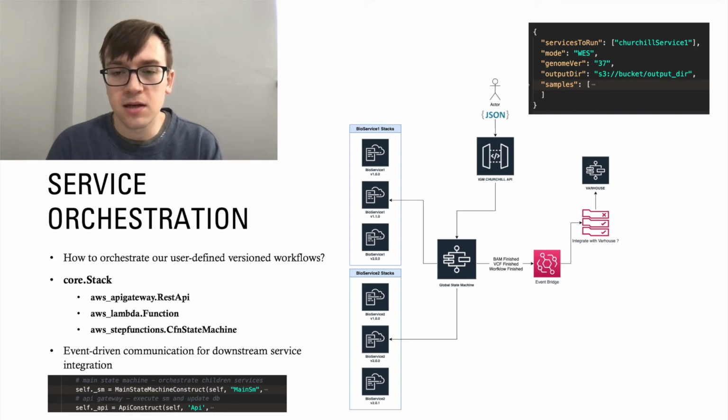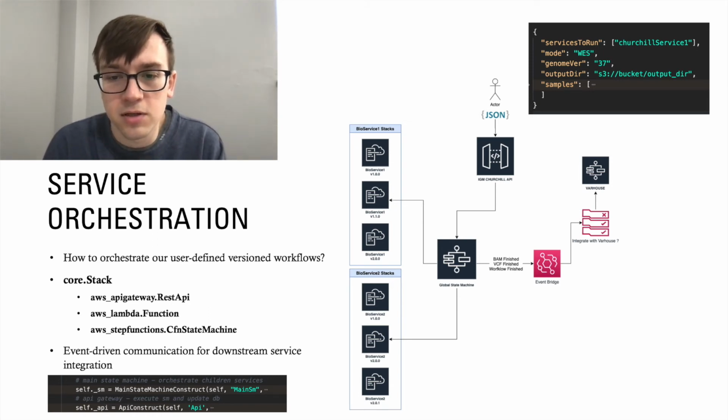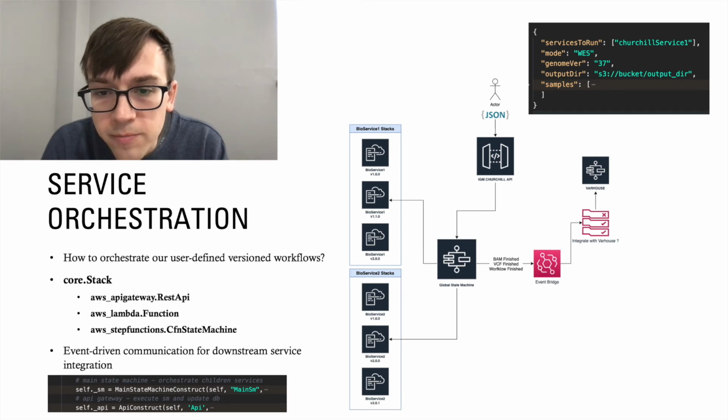As you see here, users can kick off specific versions of the services that they want to run. So in this case, the user ran version 1.1 of Bioservice 1 and 2.0 of Bioservice 2.